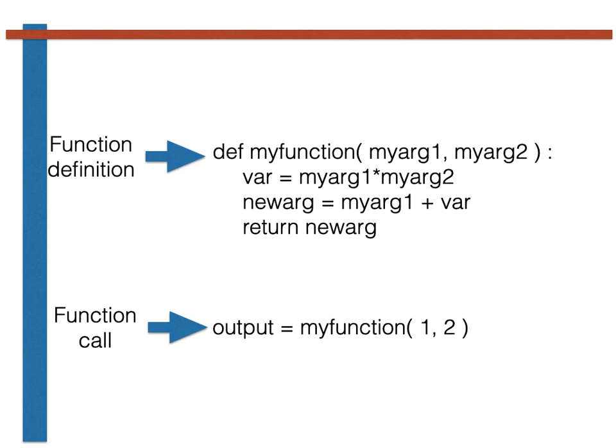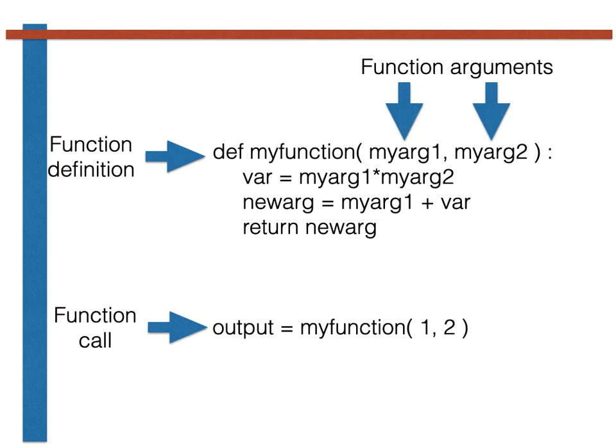Firstly, all the indented code after the first line that contains the def is part of the function. This is the code that is run when the function is called.